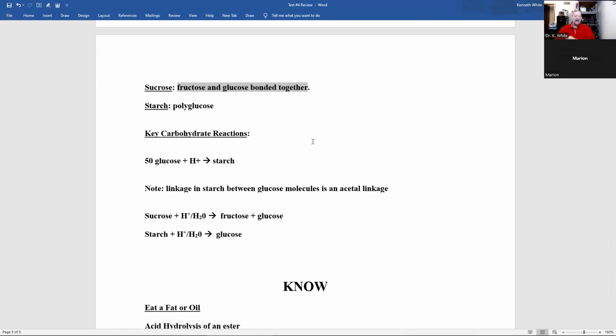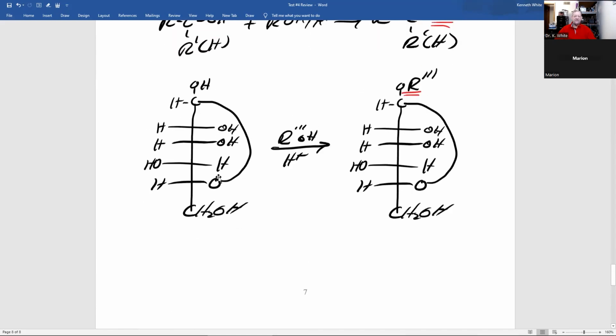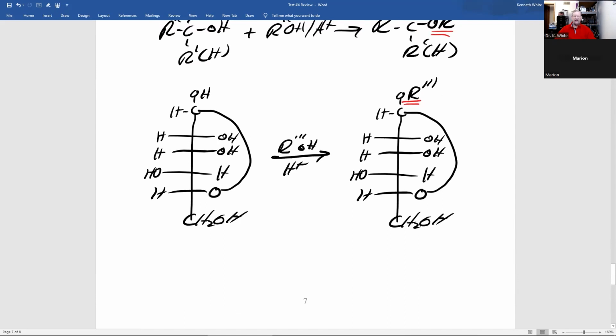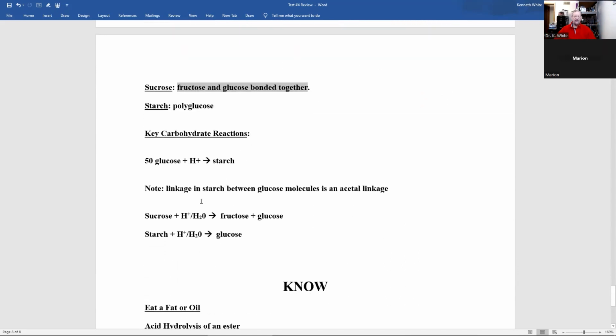And because of that, if I take a lot of glucose molecules and react them with acid, you'll do this reaction here and link them together to form starch. Now, the linkage in starch is an acetal linkage, and also in sucrose. And if you take sucrose and acid and water in your stomach, it breaks it down to fructose and glucose.